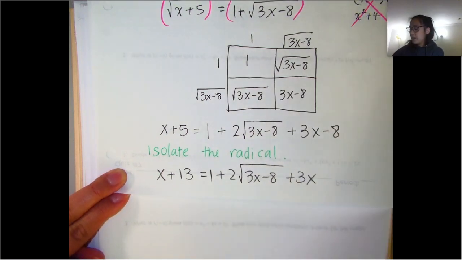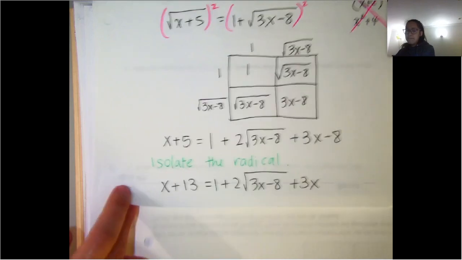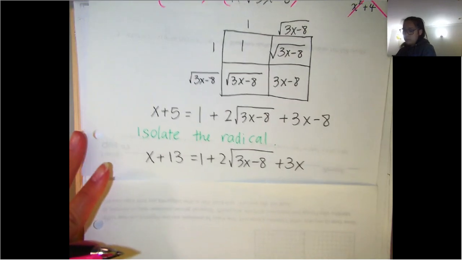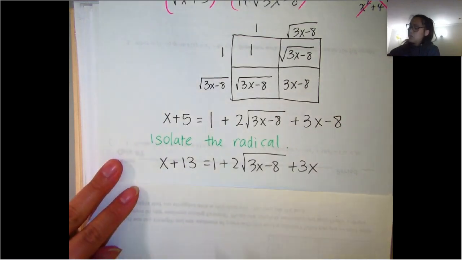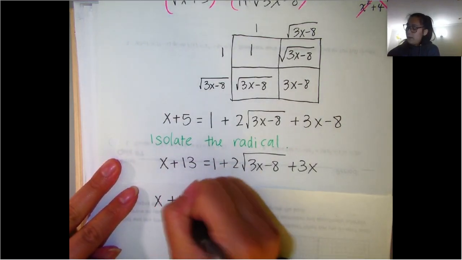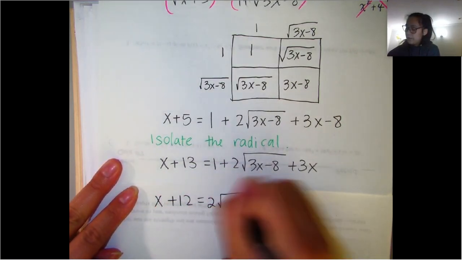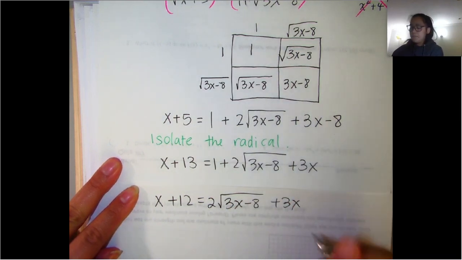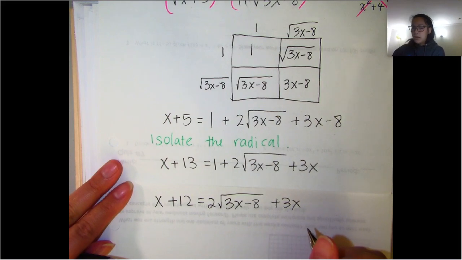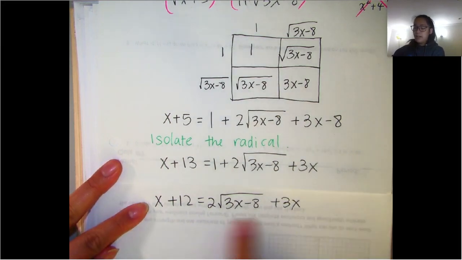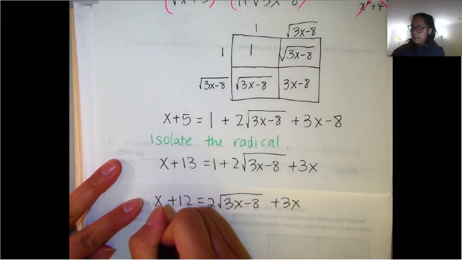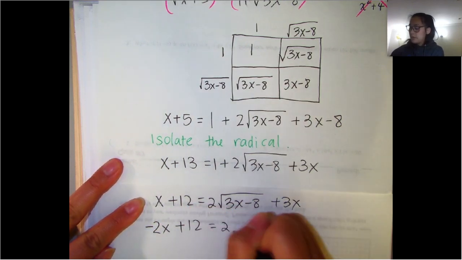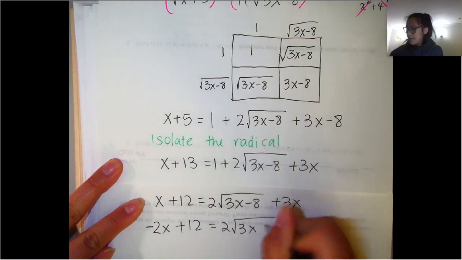So we subtract the 1 from both sides. You have x plus 12 equals 2 square root of 3x minus 8 plus 3x. Ready? Then we subtract the 3x. So you have negative 2x plus 12 equals 2 times square root of 3x minus 8.